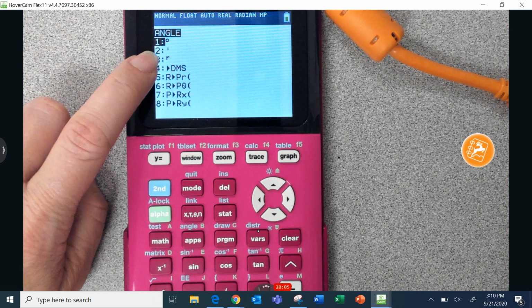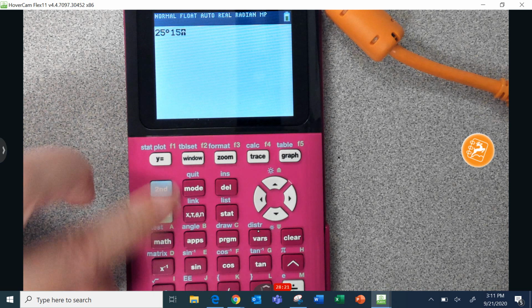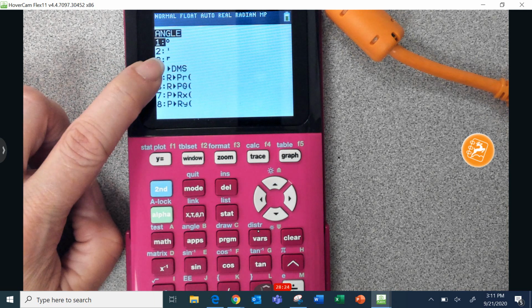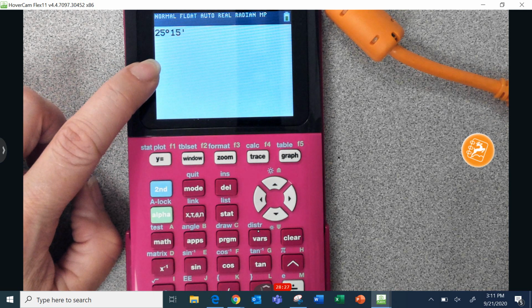Right underneath it is that first apostrophe. So we're just going to do apps, which is angle 2, and then the last was 45 seconds.